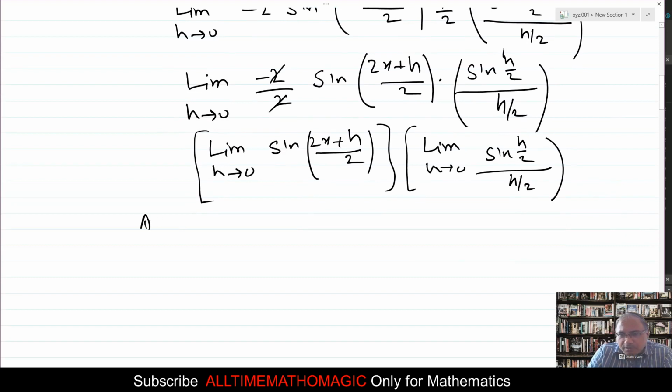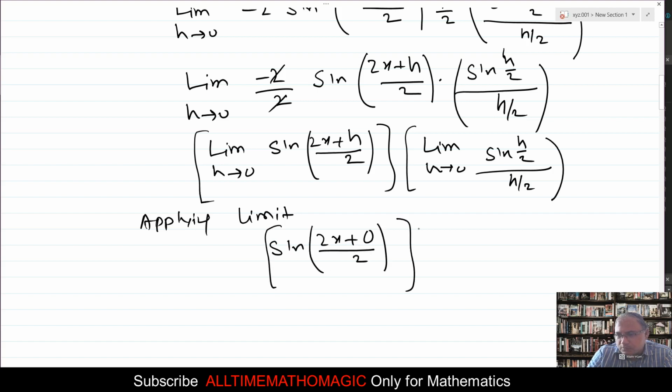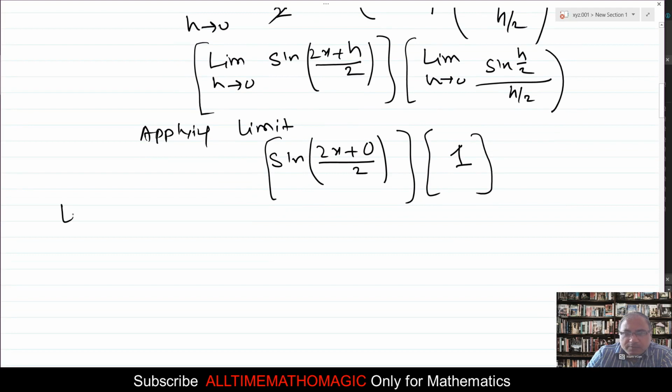Now applying limits, so sin 2x plus 0 upon 2, and here by formula it is equal to 1. It is a property: limit theta tending to 0 of sin theta upon theta equals 1. By that property we got the second bracket equal to 1.